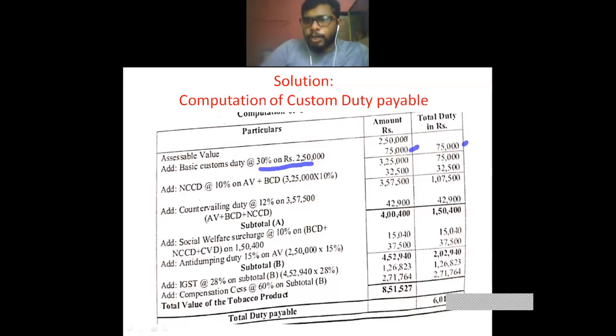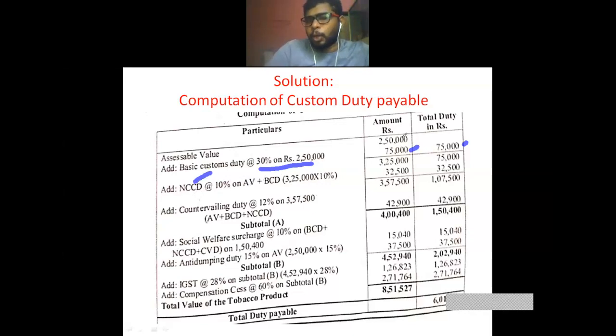So add 2,50,000 plus 75,000, 3,25,000. Here it is just 75,000. Then according to the format, next one is NCCD, that is National Calamity Contingent Duty, 10% given in the problem. That 10% you have to calculate for which amount? Assessable value plus basic custom duty.